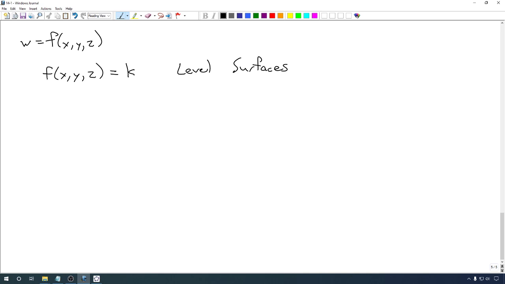But also because some of the surfaces will be behind some of the other ones, so it won't really be useful to show them all at once. But let's go ahead and work with a particular function, and we'll show some of the level surfaces. So let's just do x squared plus y squared plus z squared. Kind of the next step up from what we had.